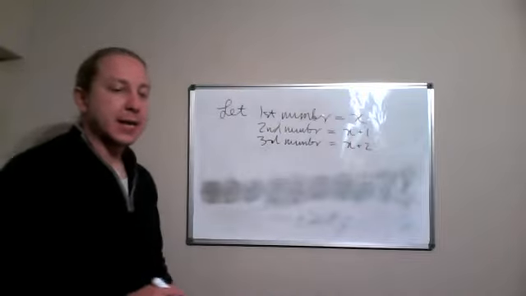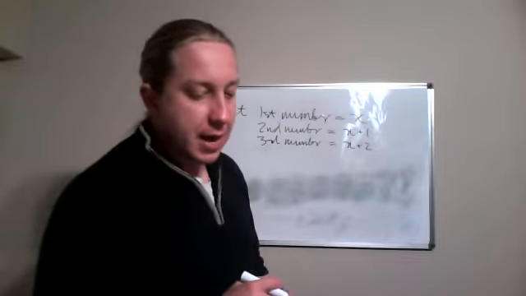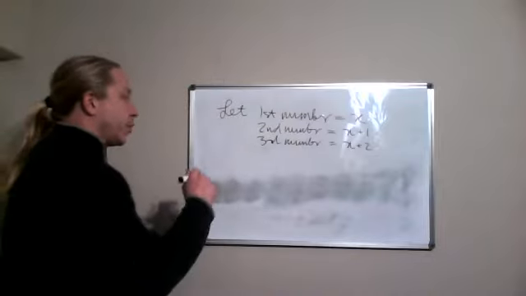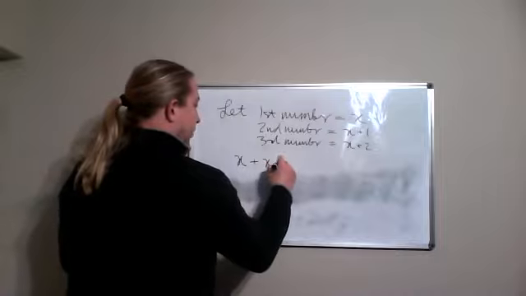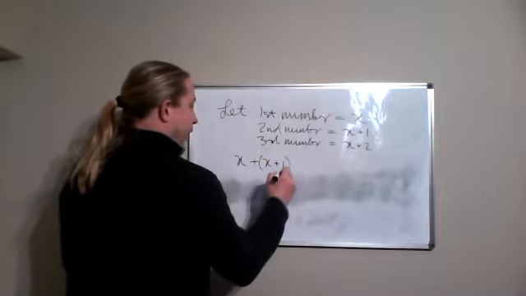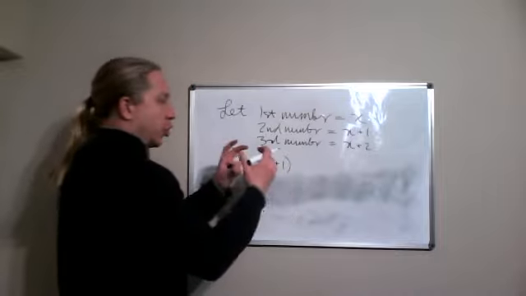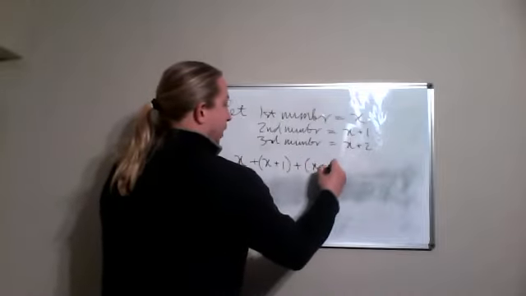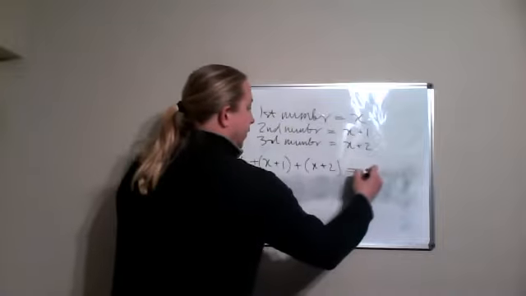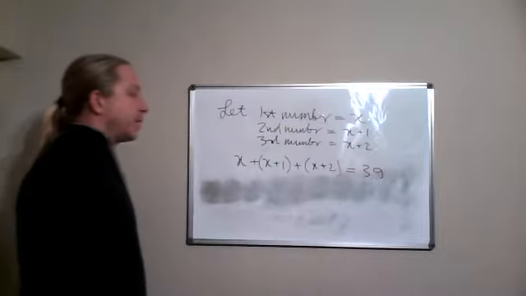Now they're telling us these three consecutive numbers add up to a sum of 39. So it's x plus (x plus 1), I'll put it into brackets, we don't need to, but I just want to show you that it's the whole thing that we are adding, plus (x plus 2). And all of that equals 39.